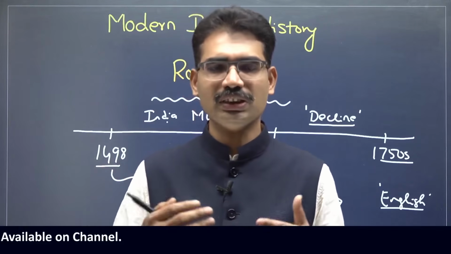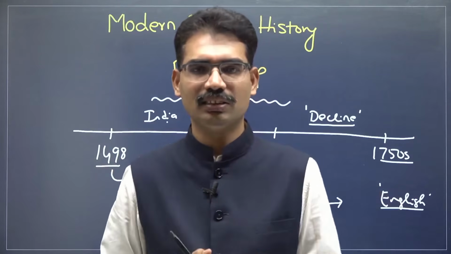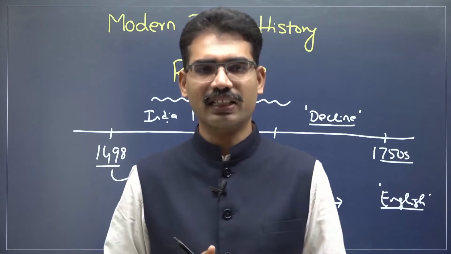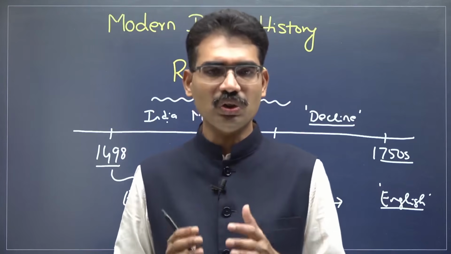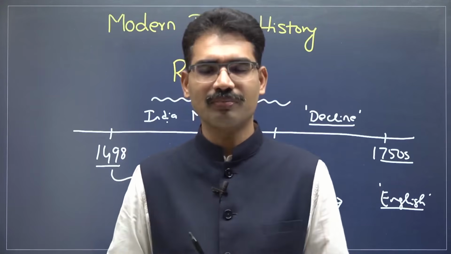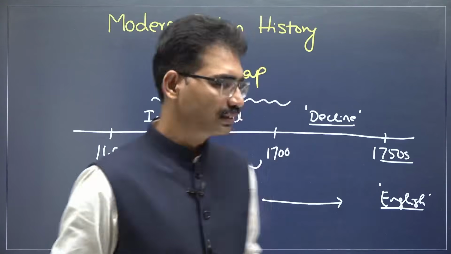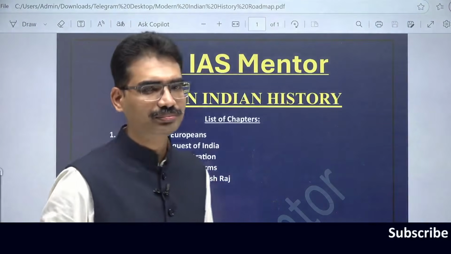Because if you question the religion, the traditional people who are enjoying high status find their status under attack. That is why there was intense friction between those who wanted reform and those who did not wish for any kind of reform. That phase in our history is known as the socio-religious reform.